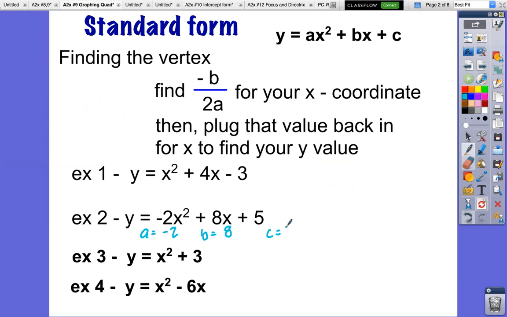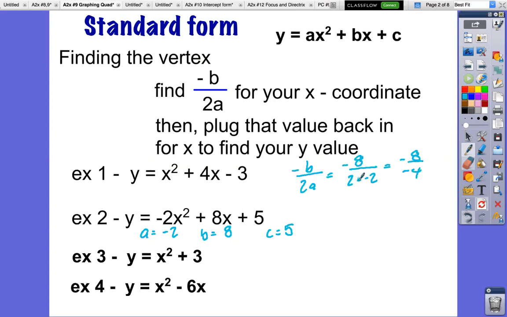And your C value is? 5. So the opposite of B over 2A. What's the opposite of B? -8. Over 2 times A. And your A value is -2. 2 times -2 is -4.